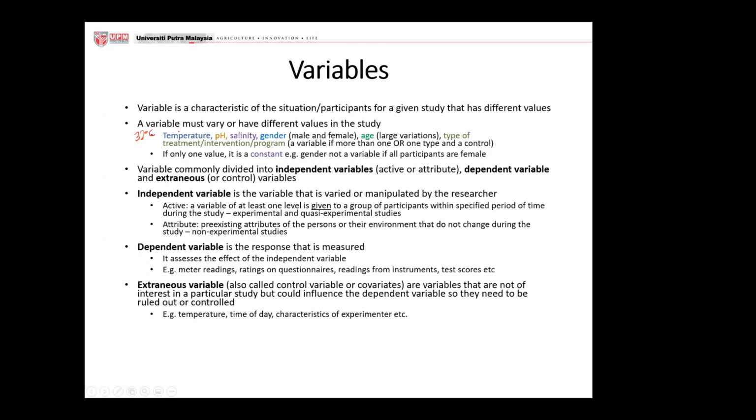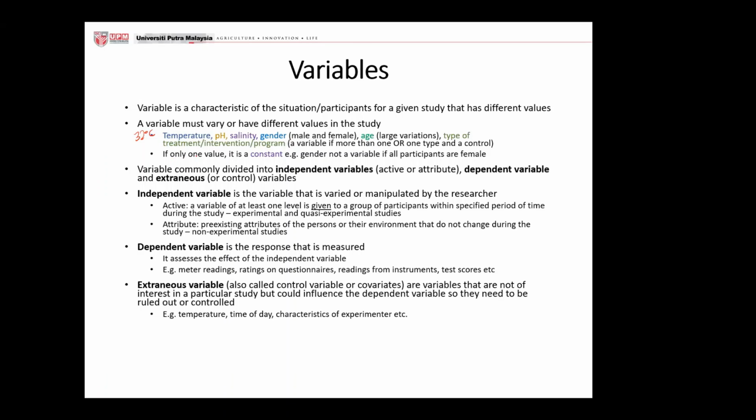That is if it's related to water quality. But if your sample is people, the most basic things are gender, male or female, and age. So many different things can be variables.